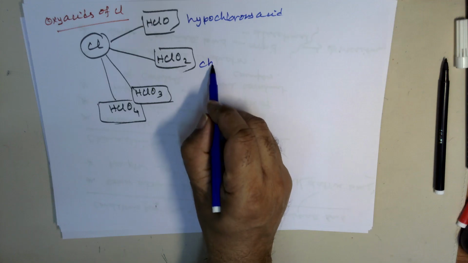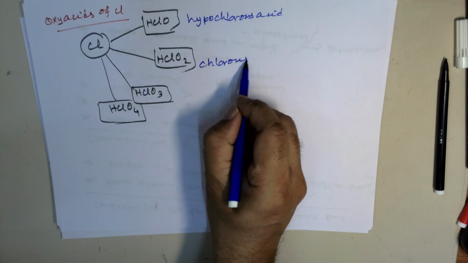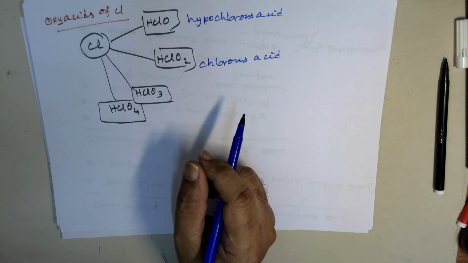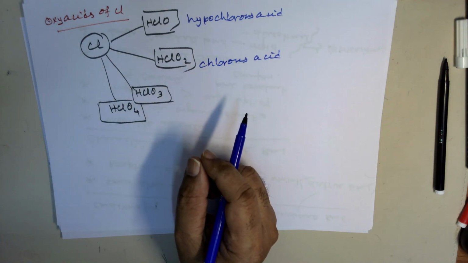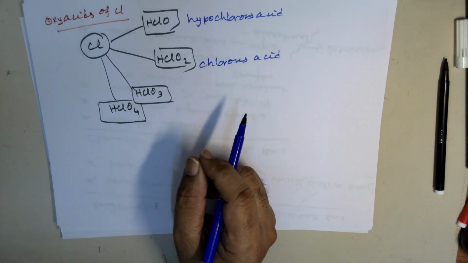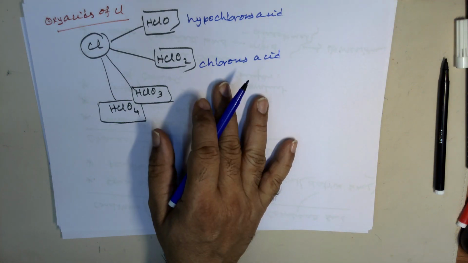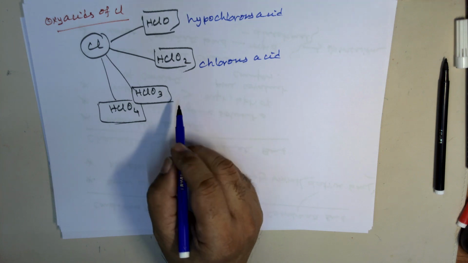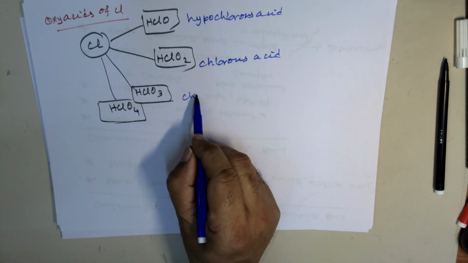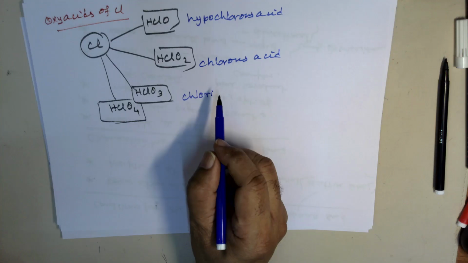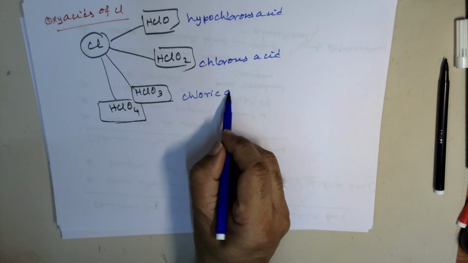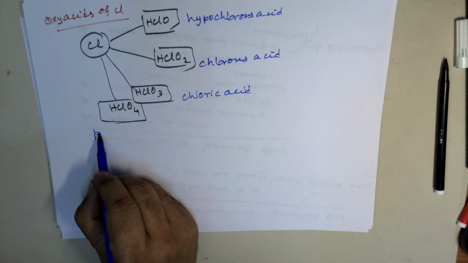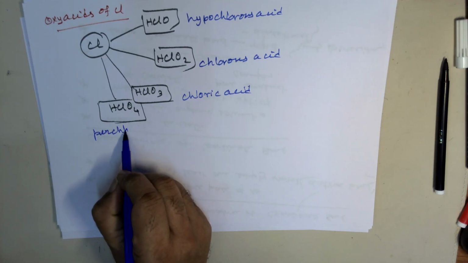And this is chlorous acid. You just know only hydrochloric acid, but these are called oxy acids of chlorine. So chlorous acid, and this is known as chloric acid, not hydrochloric, chloric acid, and this is known as perchloric acid.